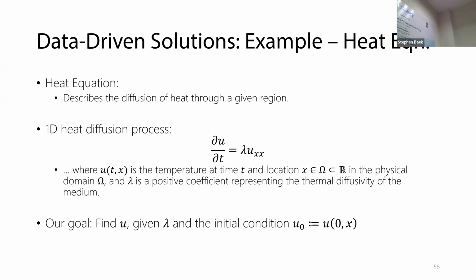That's what this equation stands for. Our goal is to find the solution function u given the diffusion coefficient lambda, as well as the initial condition. The initial distribution of temperature is already given, so it's an initial value problem.